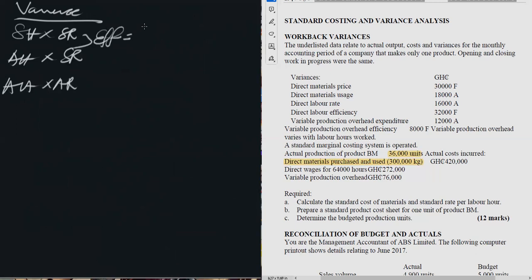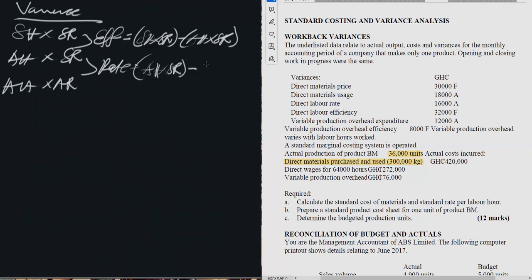In efficiency, I can rewrite it as standard hour times standard rate minus actual hour times standard rate. Not so. So you do the same thing for what? Rate. And we know rate is the difference between the actual hour times standard rate minus actual hour at actual rate. Not so.